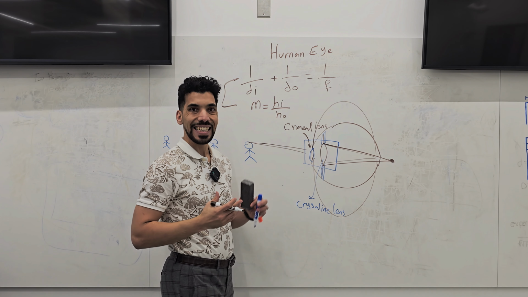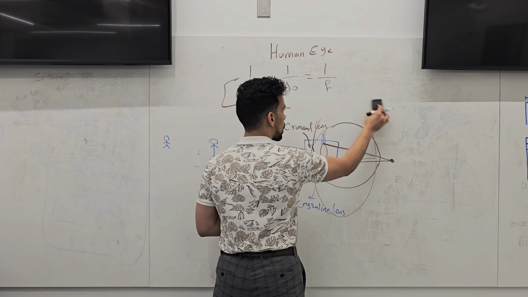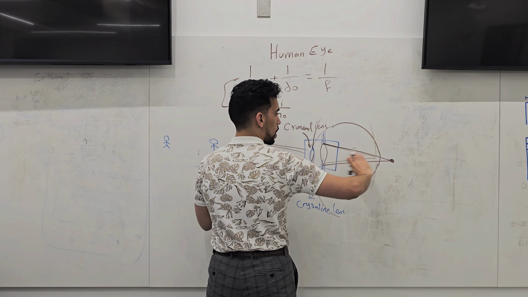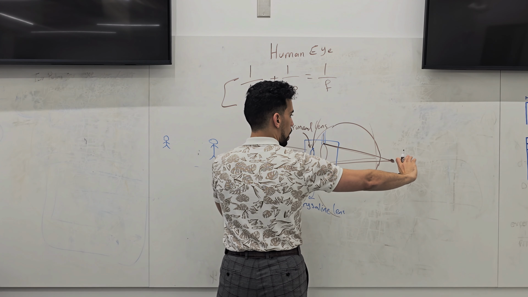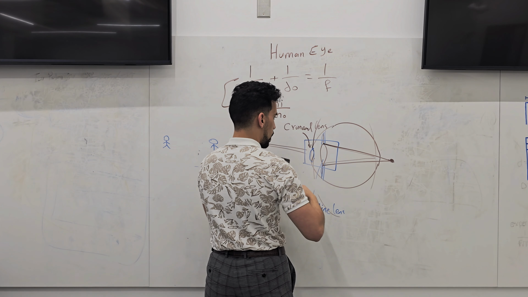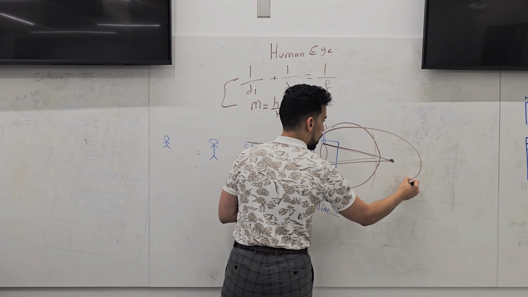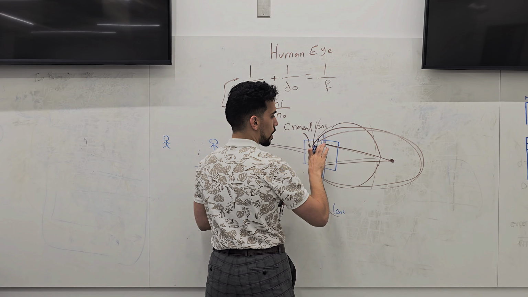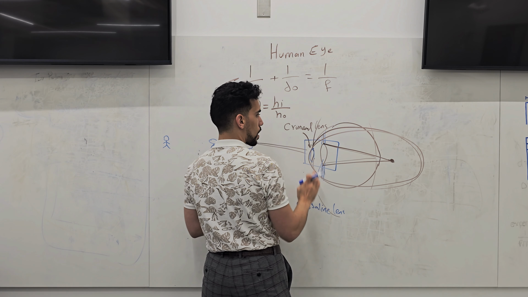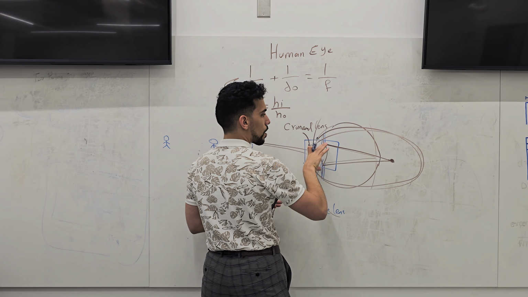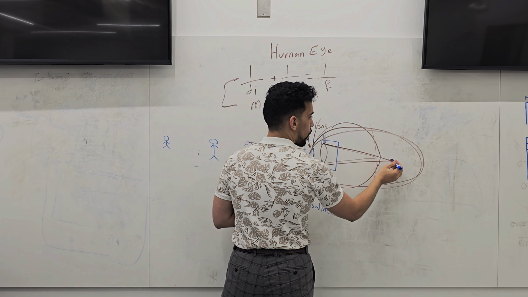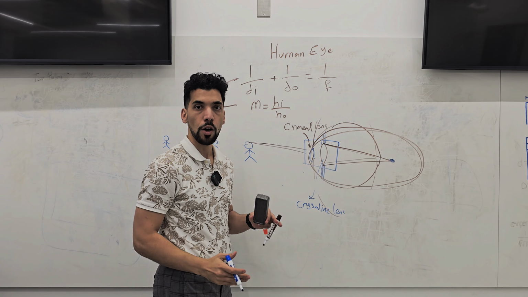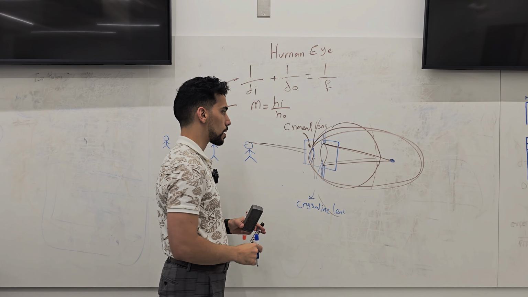The other one is near-sightedness, and this happens when the eye gets elongated and the horizontal line gets longer, so it becomes like this. Here the system of lenses, the crystalline lens and the corneal lens, converge the light in front of the retina itself, and we call this myopia or nearsightedness.